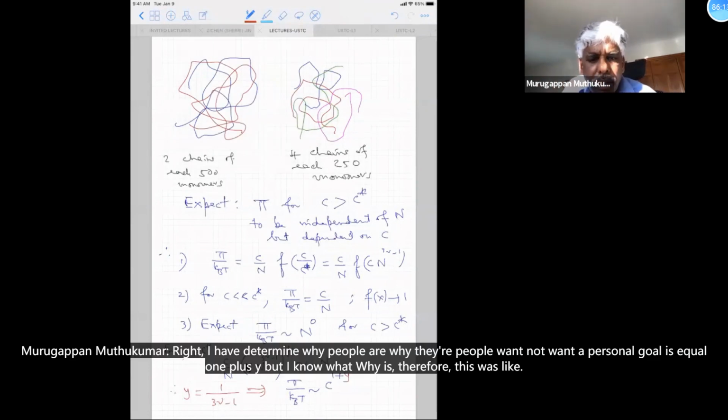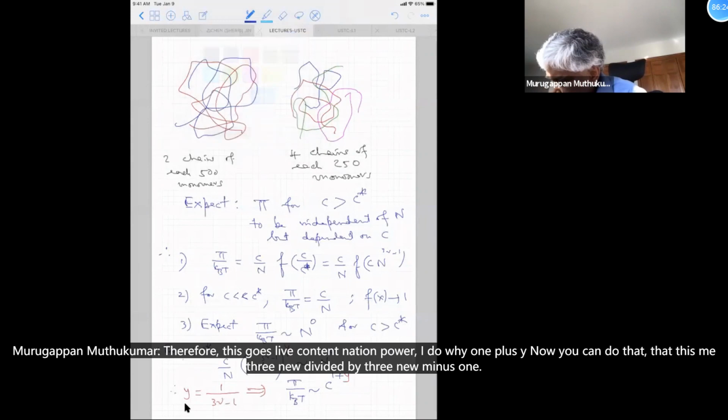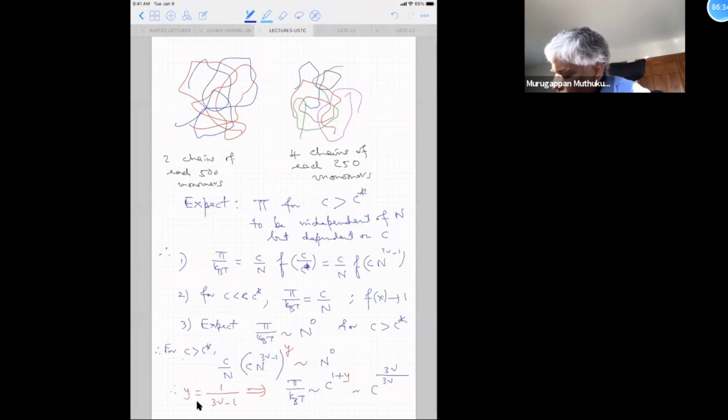I have determined y. The osmotic pressure will go like C power 1 plus y, but I know what y is. Therefore, this goes like concentration power 1 plus y. Now you can do that. That gives me 3 nu divided by 3 nu minus 1.